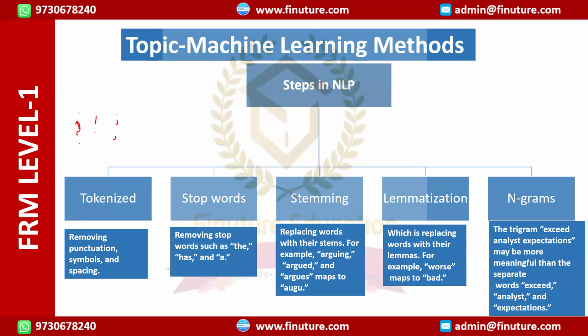If you kept everything in your data, arguing, argued, argues, your data would be quite huge. So just to reduce the dimensionality or size of your data, you map similar words to the same word. That's stemming. The next one is lemmatization, which is giving a meaning to some words. For example, the word worse maps to bad.